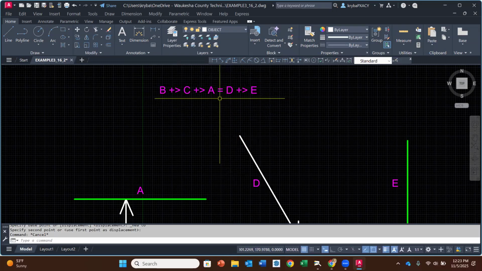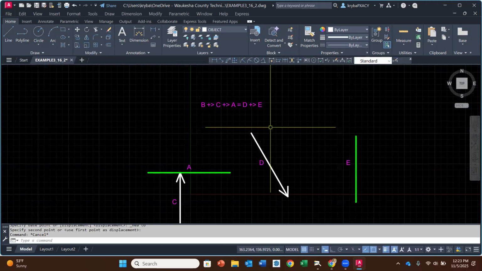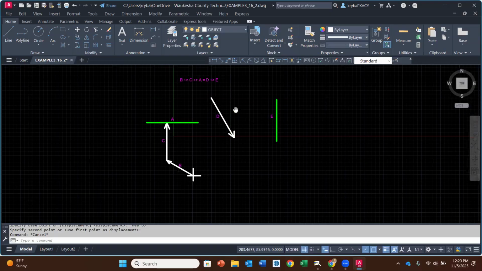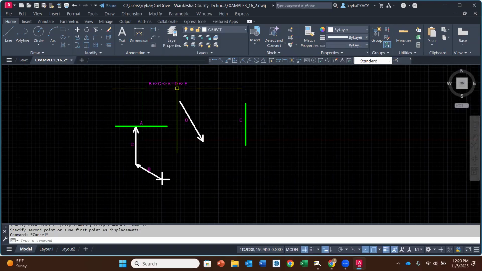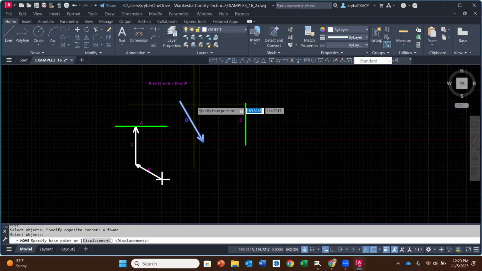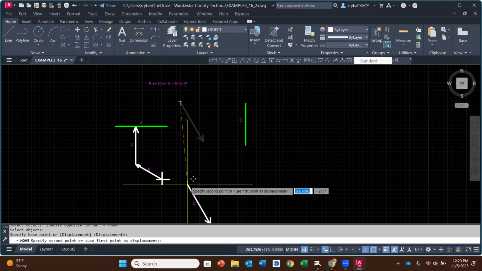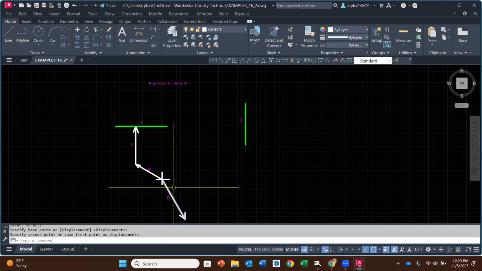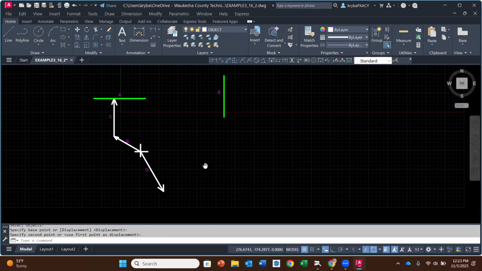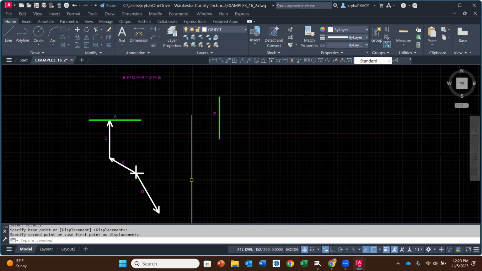If you remember from last time, I told you to always think of that equal sign as an origin. So now that I'm crossing over the equal sign, I'm going to be starting back at the origin with the tail of the first vector on the right-hand side. So I'm going to move vector D, and its tail is going to go at the intersection of that origin down there.